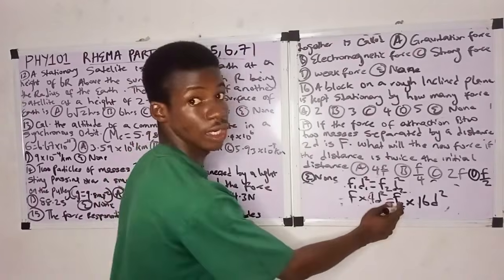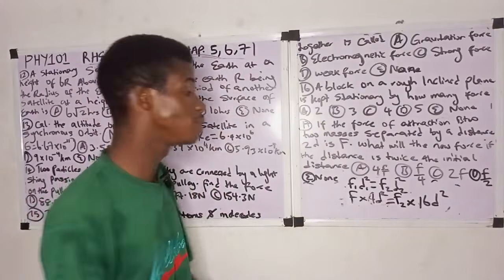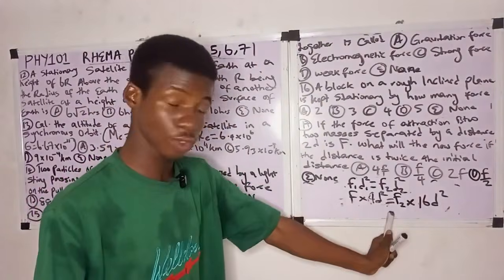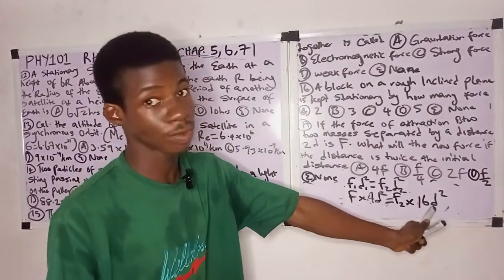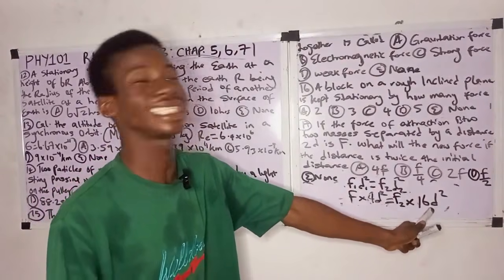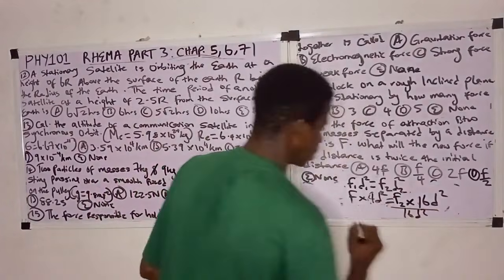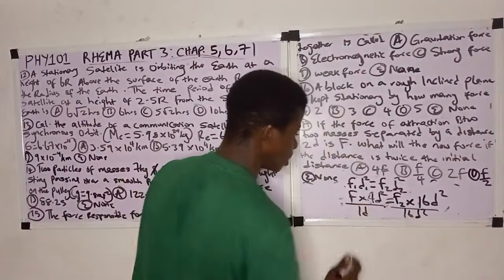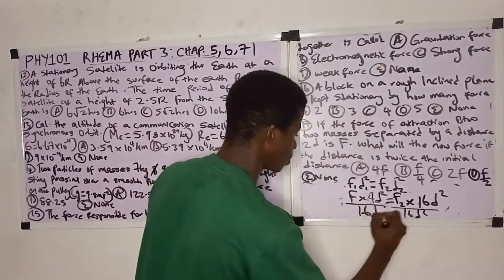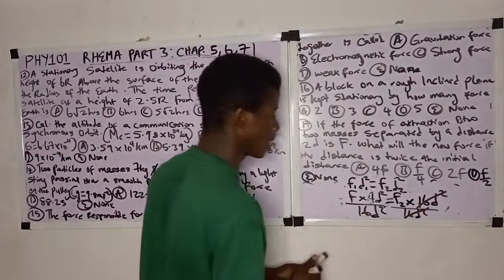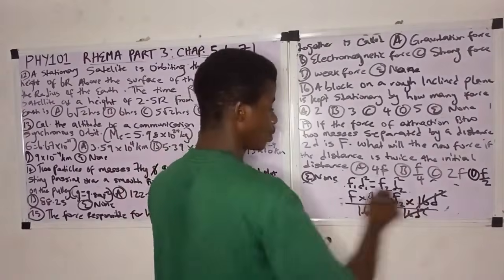We are looking for F2, so we want to make F2 stand alone. We divide both sides by 16D square, so this one will cancel this. Therefore, F2 equals what?